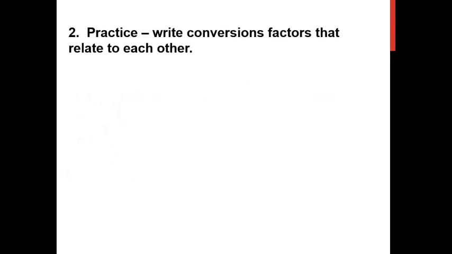We need to practice writing conversion factors that relate to each other. So if we wanted to go from liters to milliliters, this is where we need to know our metric conversions. And so I'm going to give you a table that I would expect you to know. We need to know the most common metric prefixes: kilo, hecta, deca.